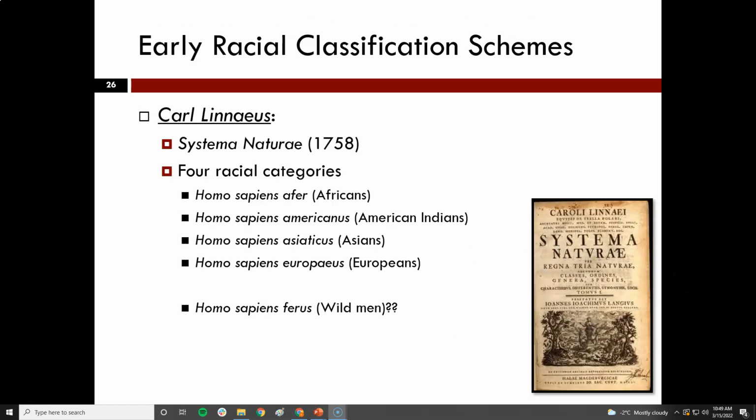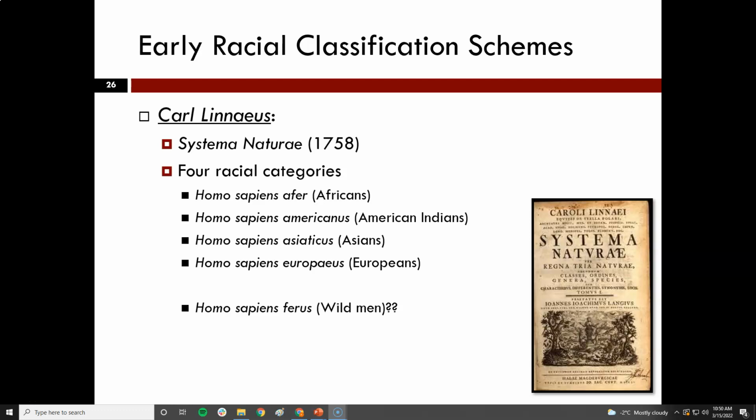Now, one of our earliest racial classification systems actually comes to us from Linnaeus, and you'll remember from the previous video and the previous notes that Linnaeus provided us with the Systema Naturae. He provided us a system of organizing and sorting and classifying all life on Earth, and humans were part of this classification system.